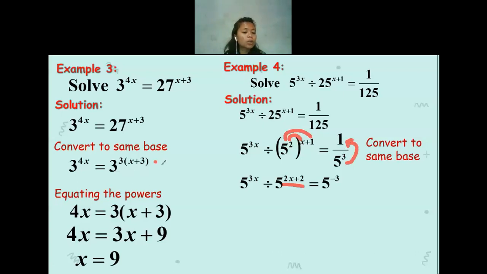When it's going up, the power will be negative. If you ask me why, I will remind you of the index law: x to the power of negative n is equal to 1 per x to the power of n. That's why 1 per 5 to the power of 3 is equal to 5 to the power of negative 3. So far, is there anyone having any question?